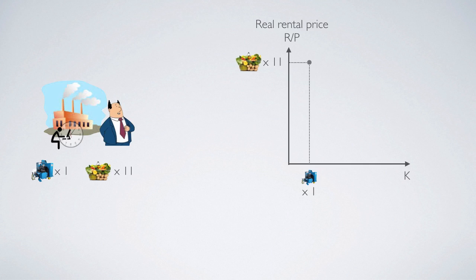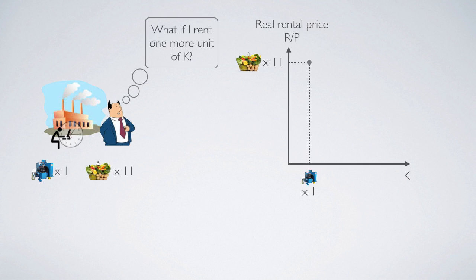However, this kind of marginal thinking can be continued to the next unit. Now he knows that hiring one unit of machine will be able to produce 11 units of baskets. He will continue to ask the same question again: what if I continue to rent one more unit of K?